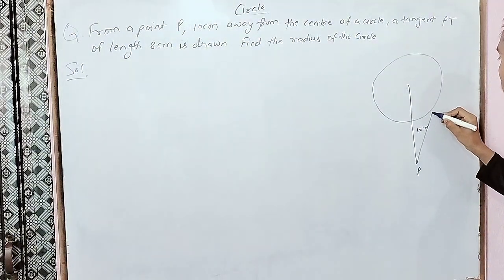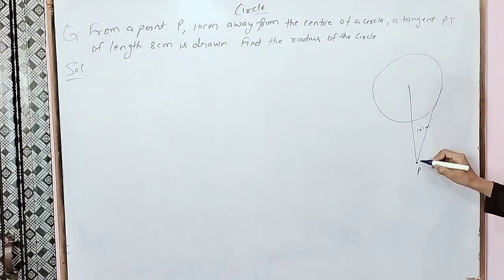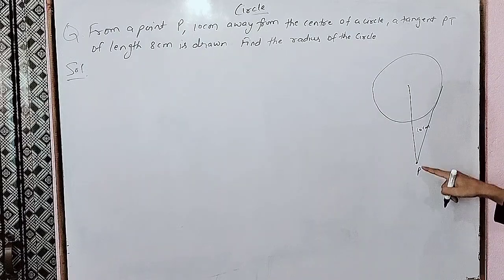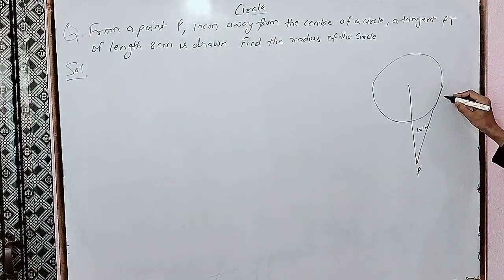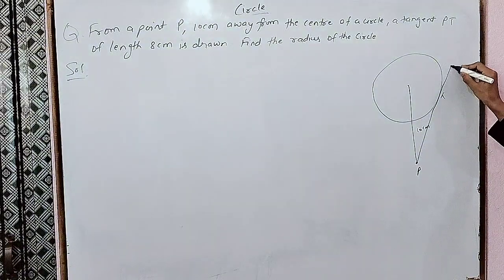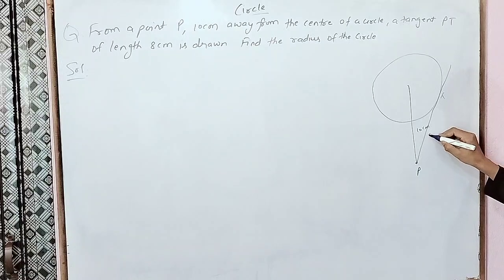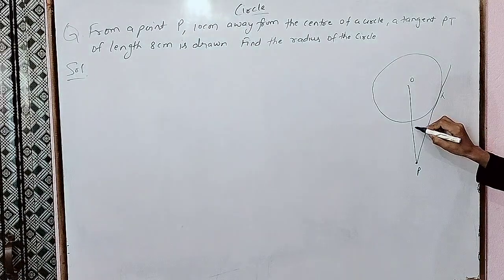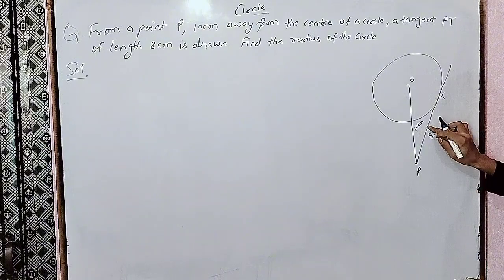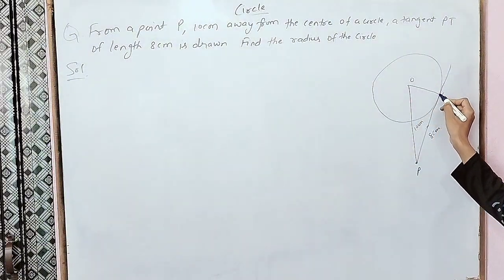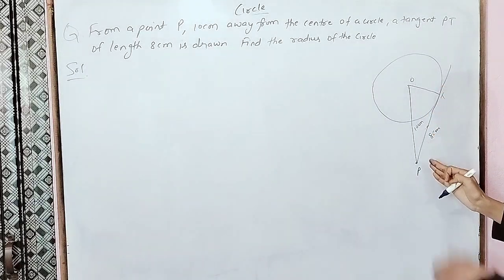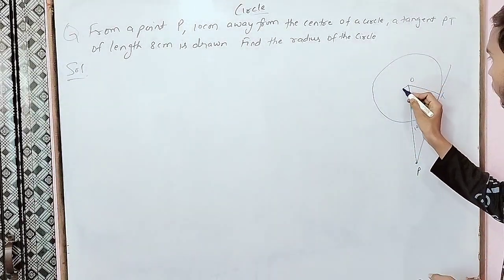P is already the external point, so the tangent starts from here, PT, and touches here. PT has a length of 8 centimeter. So PO is 10 centimeter, PT is 8 centimeter. Now this is the radius, and we can draw the same radius on this side, which will be equal.